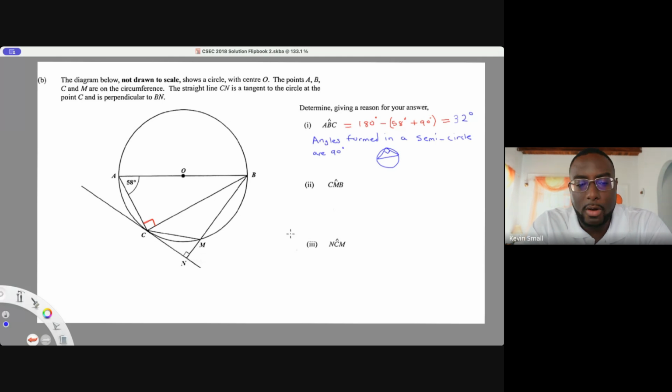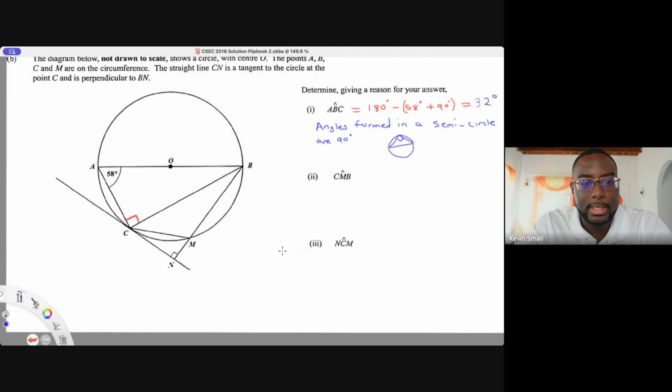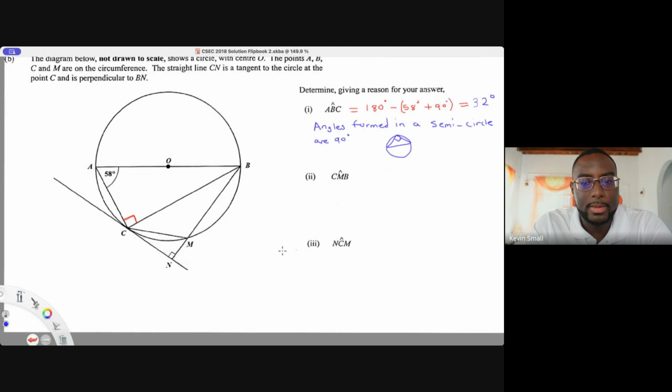All right, next one, CMB. I'm hoping maybe Jayla or Keandra or anyone else could answer the CMB. CMB would be this angle here. See if you can figure out what that angle is.